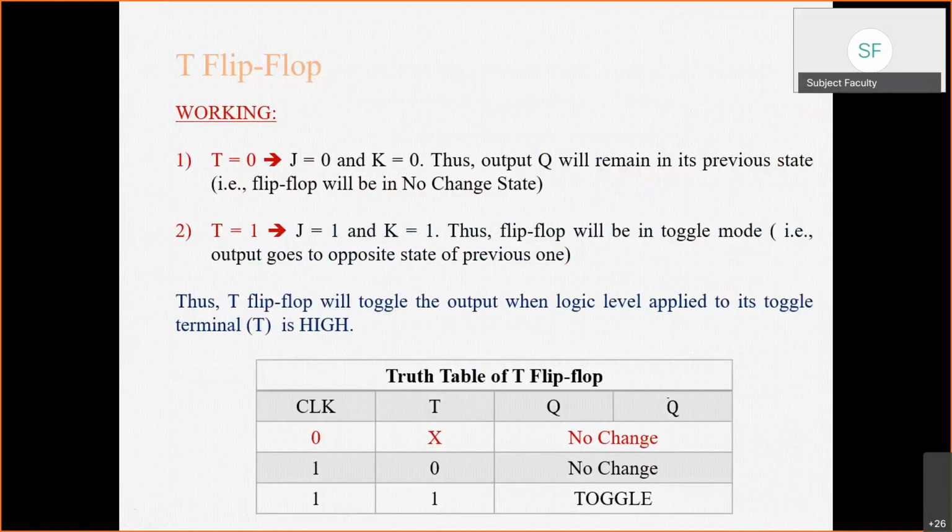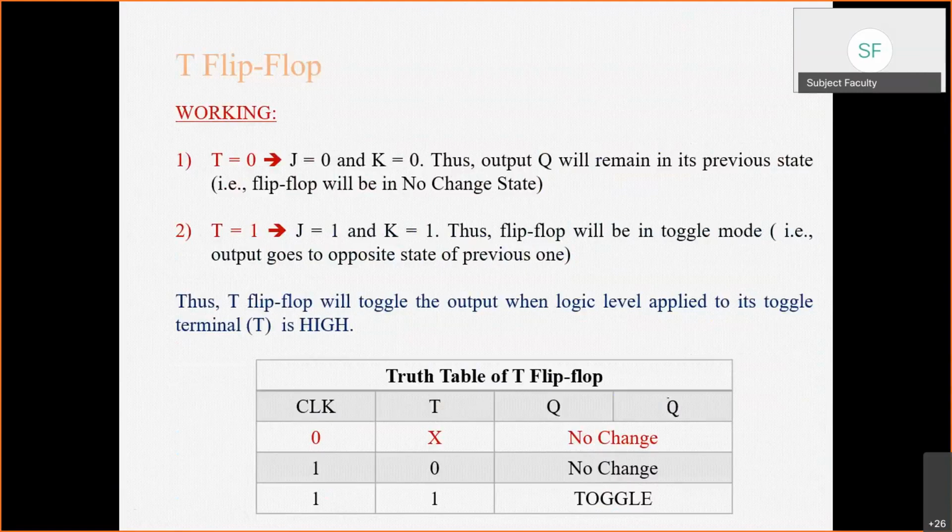We will utilize the working of T flip-flop in the next lecture, or rather in the next unit. By using T flip-flop, we will design different counters and shift registers. For shift registers, maybe we will use the D flip-flop, but in counters we will use T flip-flop. So make sure that you have understood the complete working of T flip-flop.